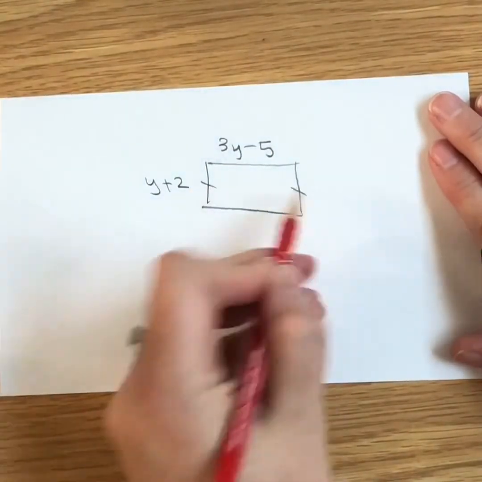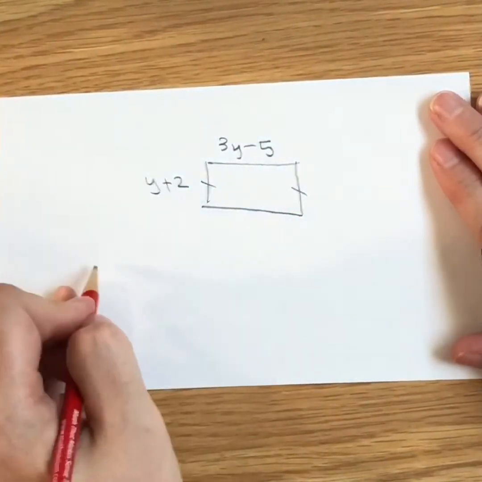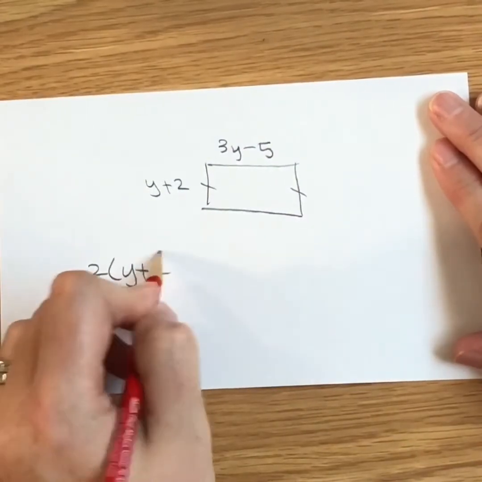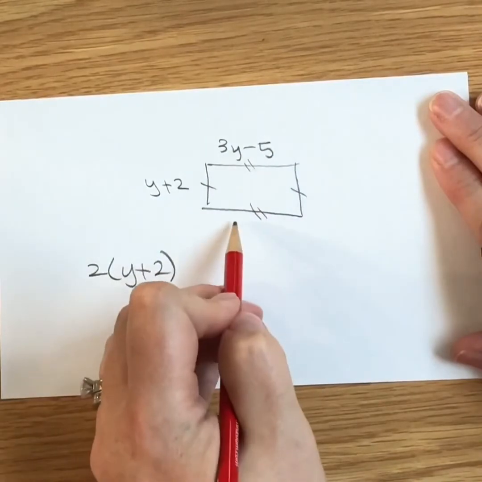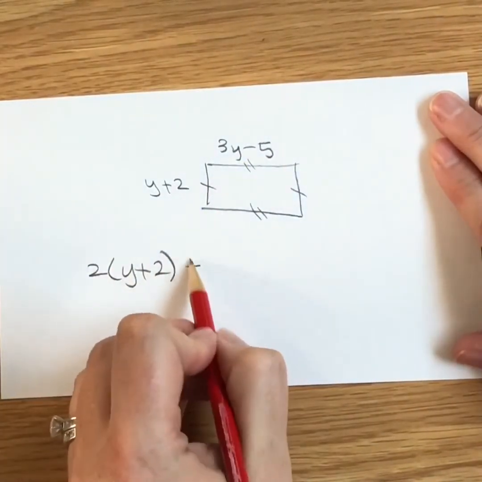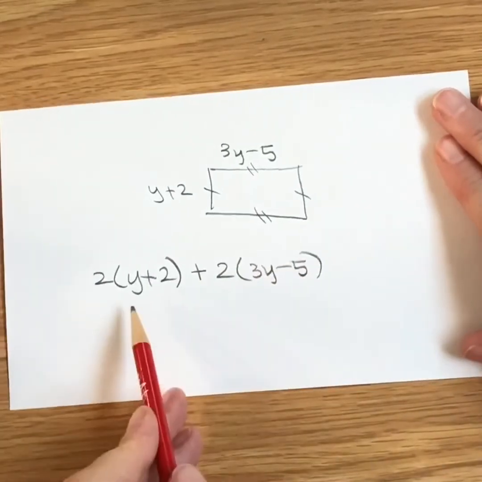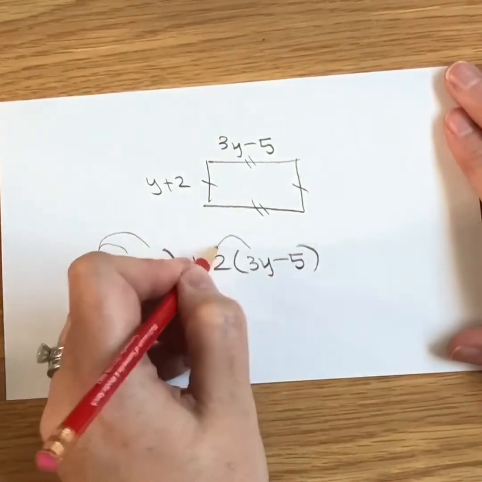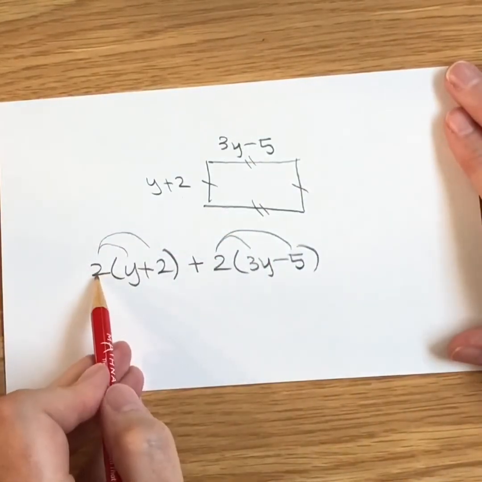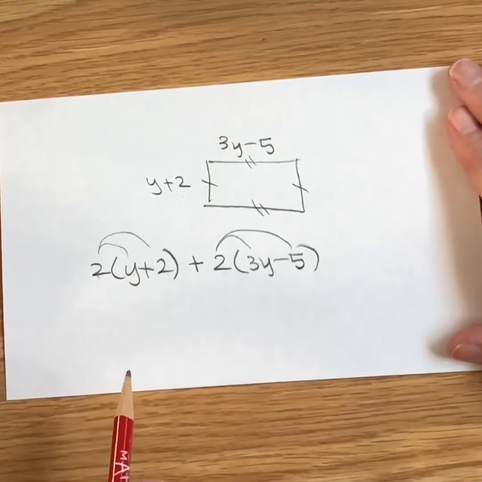I know that I have two sides of the y plus 2 that are the same, so I could do 2 times y plus 2. And I have two sides that are the 3y minus 5, so I could add that to 2 times the 3y minus 5. And the reason why I'm showing you this is because we can distribute this, which basically means we're sharing the multiplication through all the terms and then collect like terms.